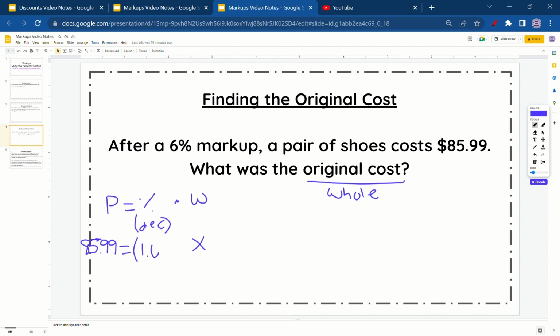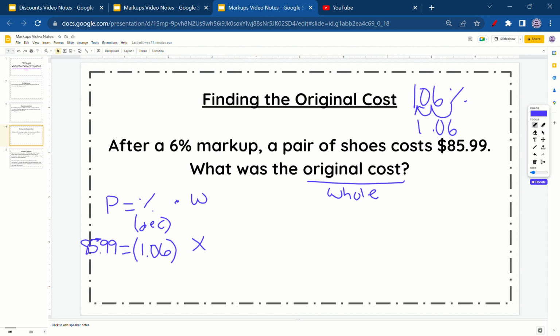So we're going to do 1.06 times X, right? 106%. Sorry, let's make that a little bit neater. So 106%, really move the decimal 2 places to the left, and that's where you get 1.06 from.